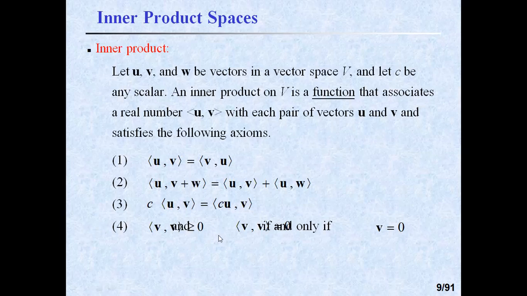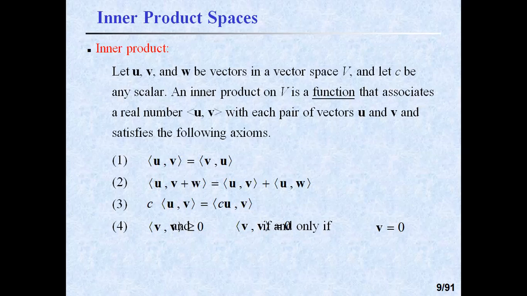This is the third property here. See here and understand: the inner product of v comma v is greater than or equal to 0, and equal to 0 if and only if v equals 0. This is the definition of the inner product.